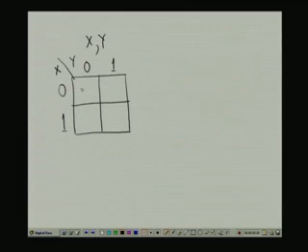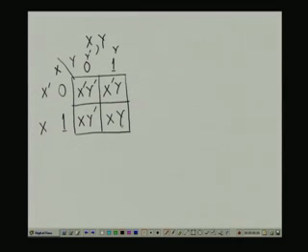Just now we have seen, this is my y bar, this is my y, this is my x bar, this is my x. So, this is the position of the min term x bar y bar, this is the position of x bar y, this is the position of x y bar, and this is my x y.